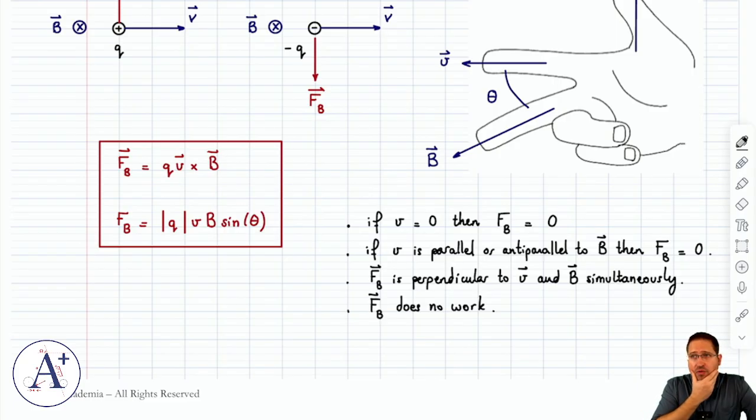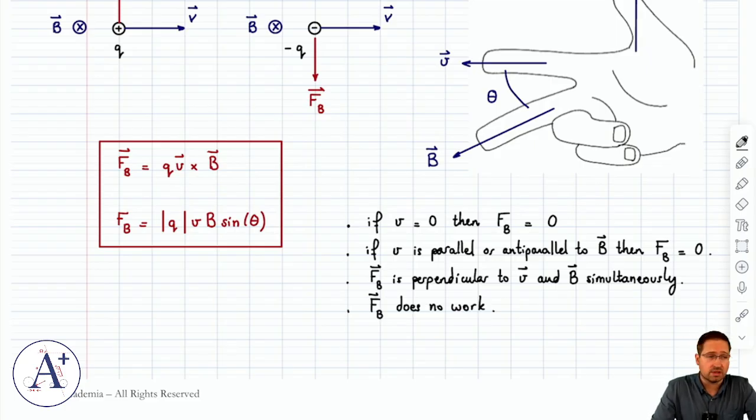And the work done by a force will represent either the amount by which the kinetic energy increases or decreases as a consequence. Okay, so when we say that the magnetic force does no work, what we mean is that it cannot speed you up, it cannot slow you down. It cannot change your kinetic energy.